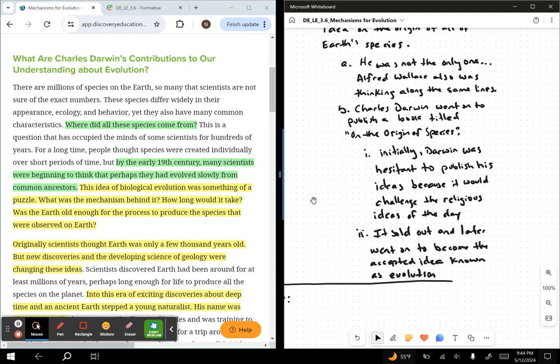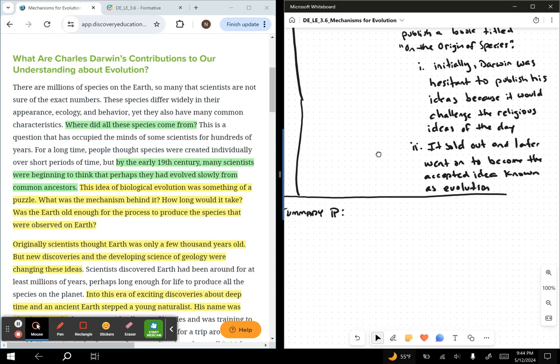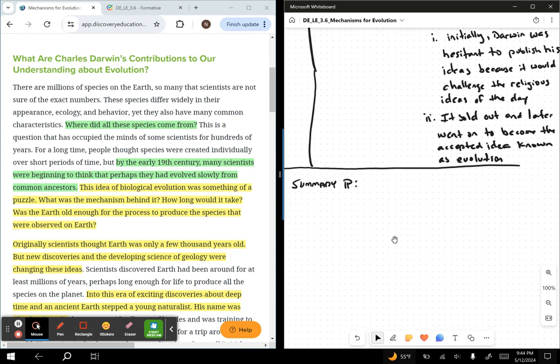So that's his role. Think of him as the grandfather of evolution, if you want to. He is the one that brought that idea to the forefront, and we have plenty of different fields of science that continually corroborate his theory, and that's why it's not a hypothesis anymore.